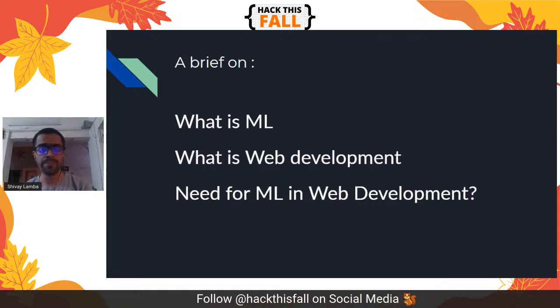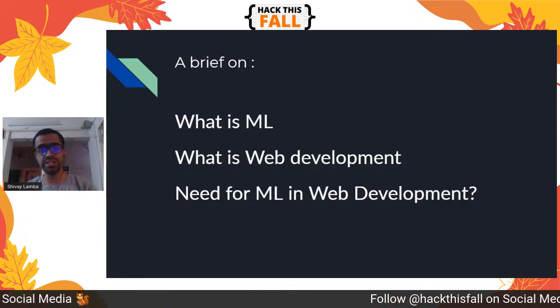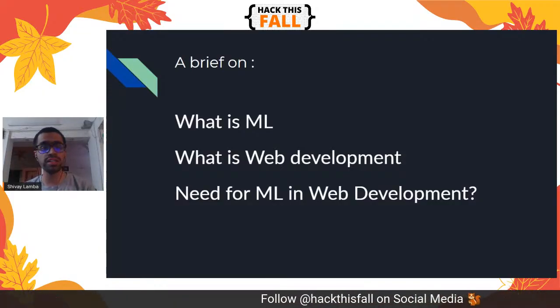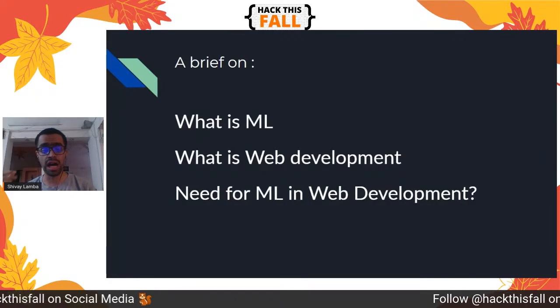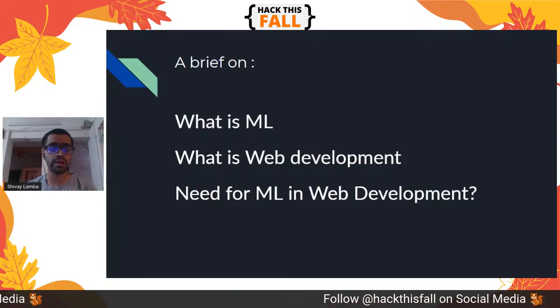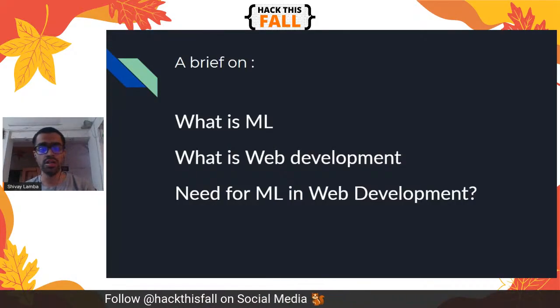And when it comes to web development, you're seeing machine learning usage in almost all the different kinds of web development fields. For example, YouTube or Amazon as an e-commerce platform, where you're getting recommendations of products, or in case of YouTube, recommendations of videos.